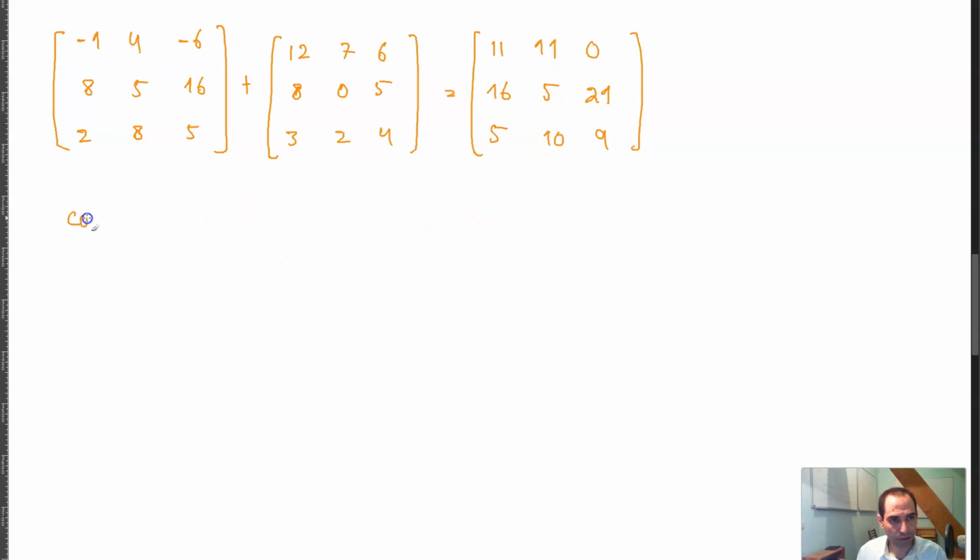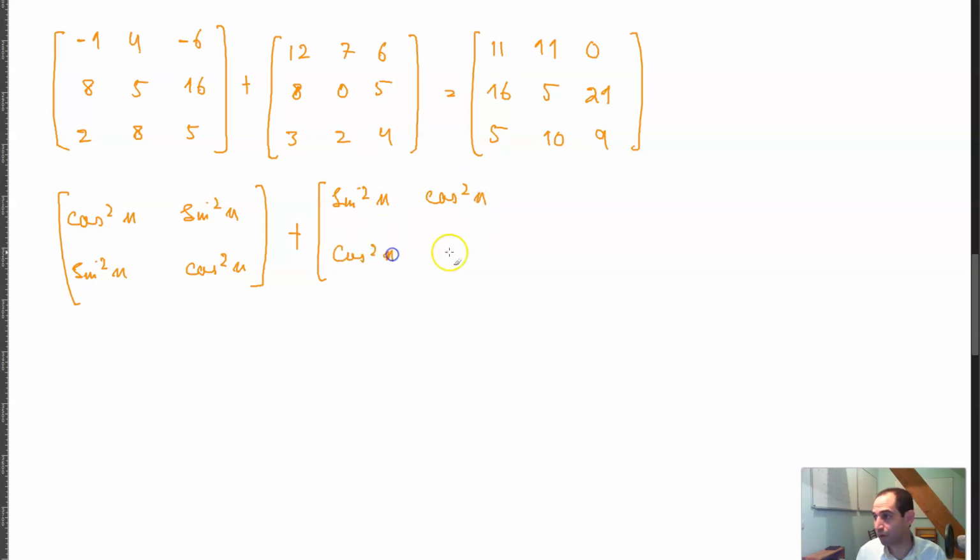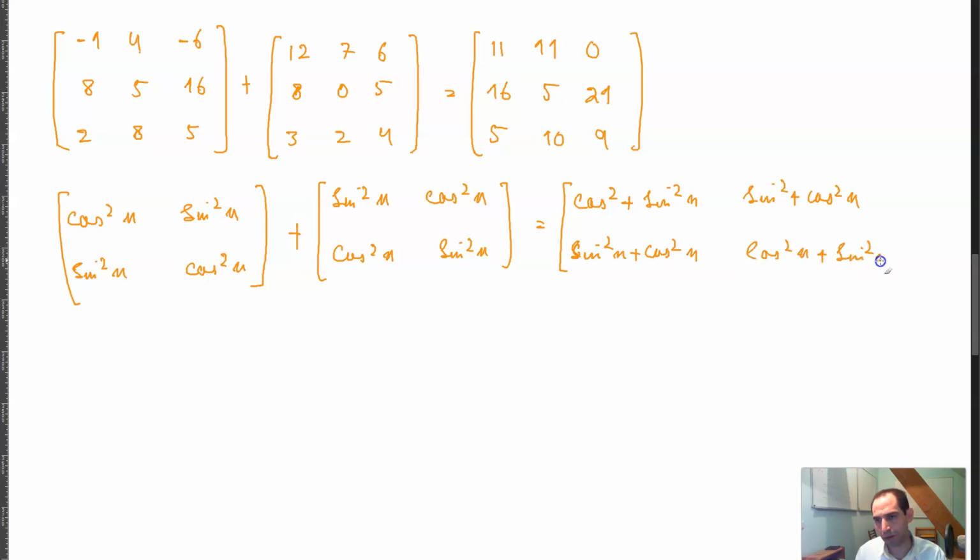Or if you have cos squared x, and here sine squared x, and here sine squared x and cos squared x, if you add that to sine squared x, cos squared x, cos squared x, sine squared x, that's the same thing as cos squared x plus sine squared x, sine squared x plus cos squared x, sine squared x plus cos squared x, cos squared x plus sine squared x, which is, you know that cos squared x plus sine squared x is equal to 1.